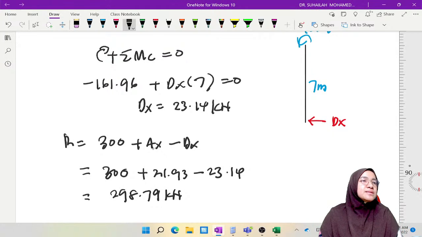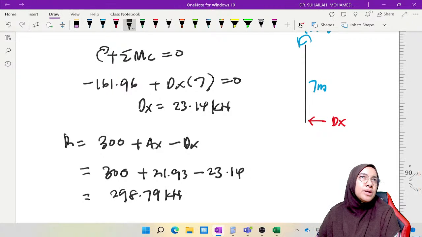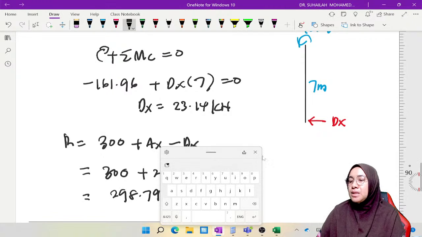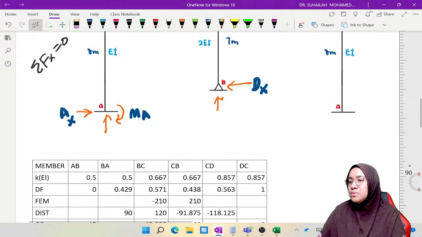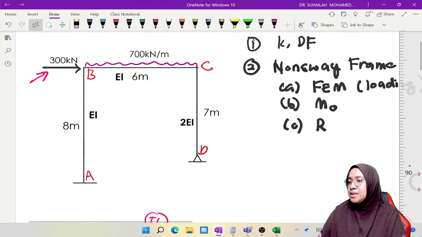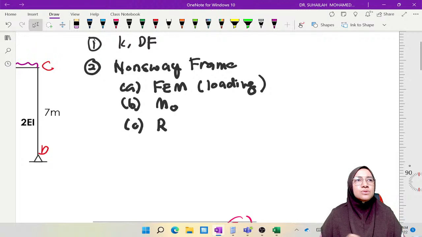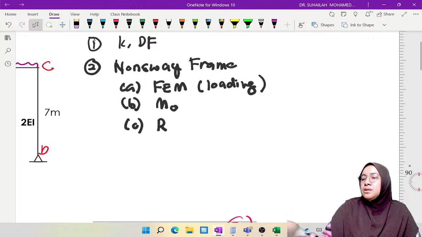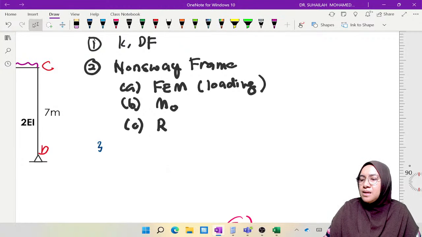Okay, settle part non-side sway frame. We have done until step 2C. Okay, move to the next step, step 3.